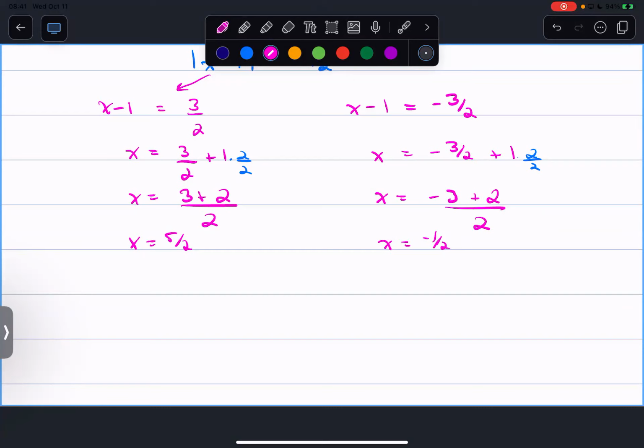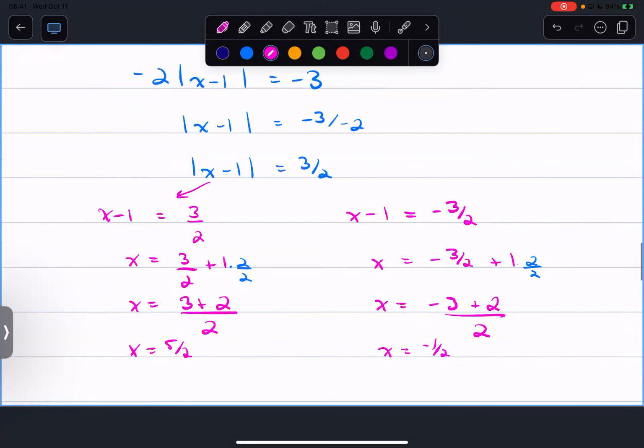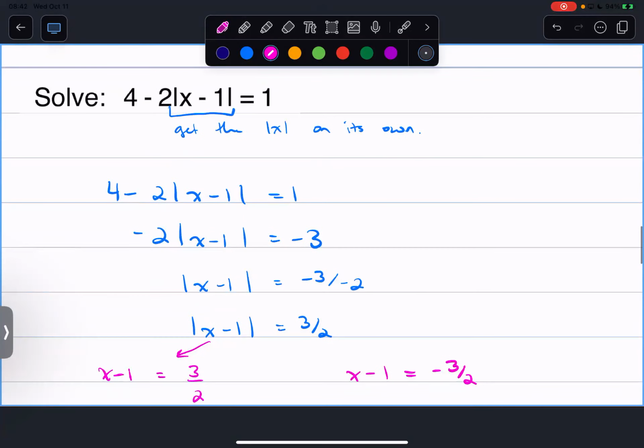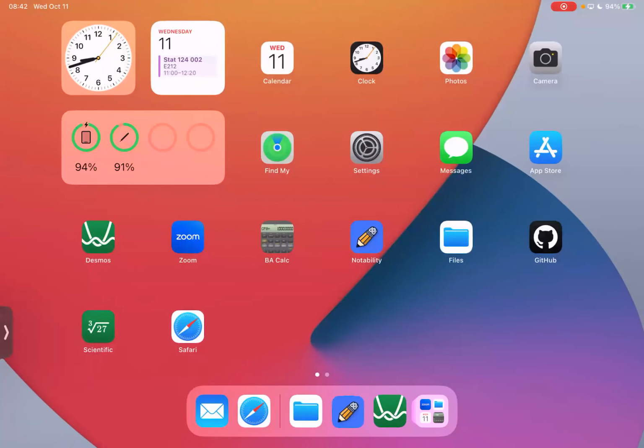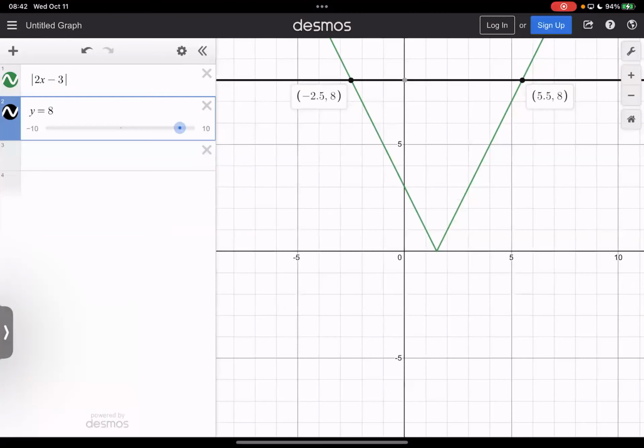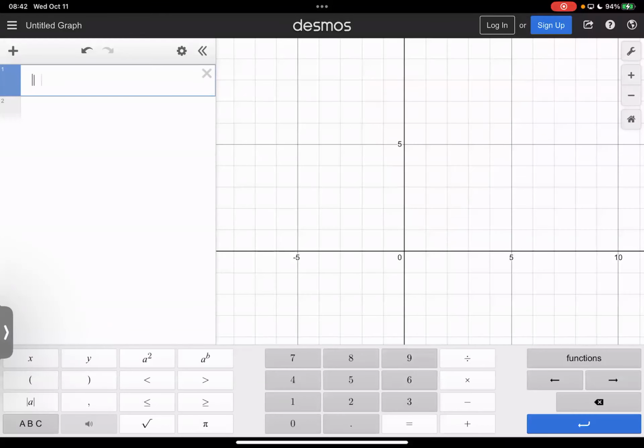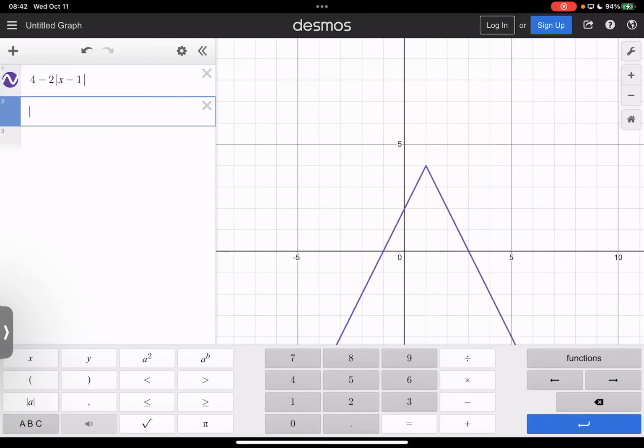I can check my work again, and let me just make sure that these are the same. Sometimes what I have in my pre-baked notes they're not the same, which would be confusing. Okay, 4 minus 2 times the absolute value of x minus 1 and then is equal to 1.